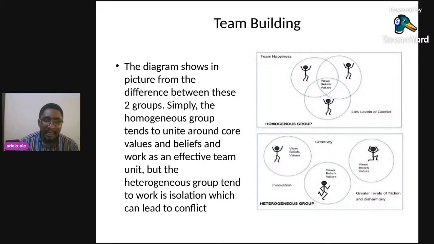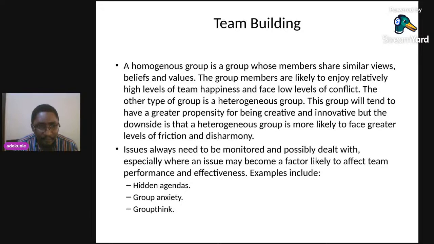Like the homogeneous might have something that unites them as the core, something like their values. They share the same culture, they share the same belief. All right, and of course, if they share the same values, they work as an effective team. But a heterogeneous team tends to be in isolation. Everybody is working in silos, and because everybody is working in silos, they have different cultures, different values, different beliefs. There will tend to be conflict within the organization.